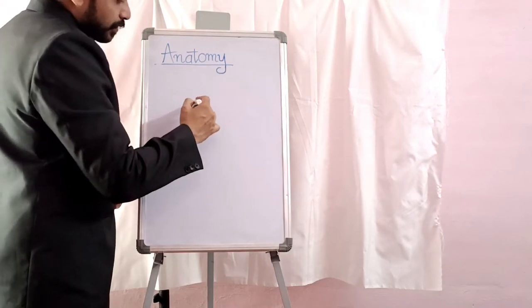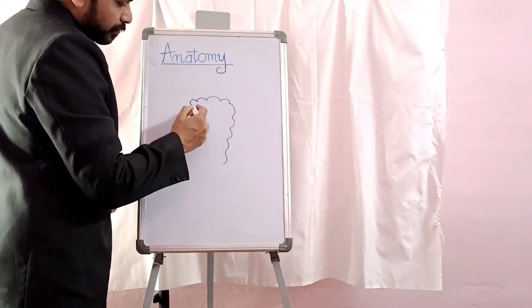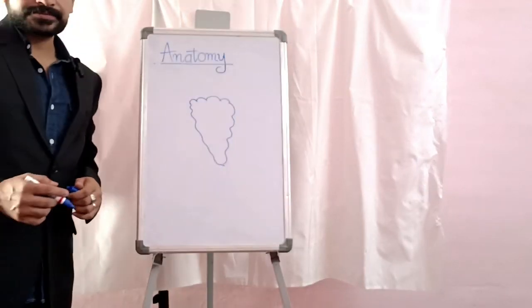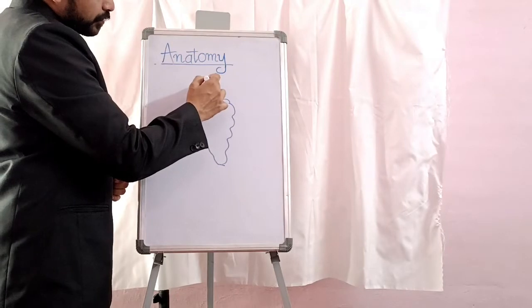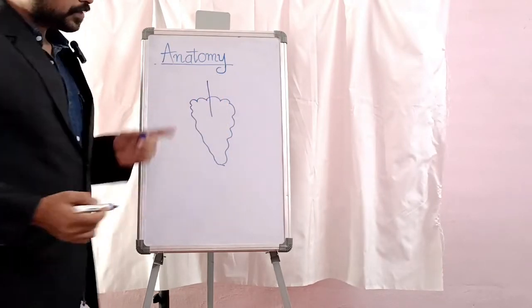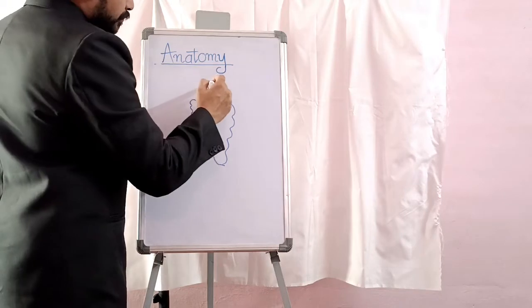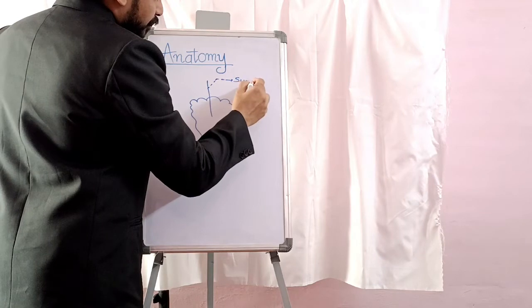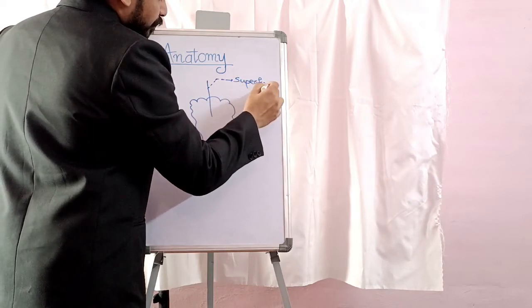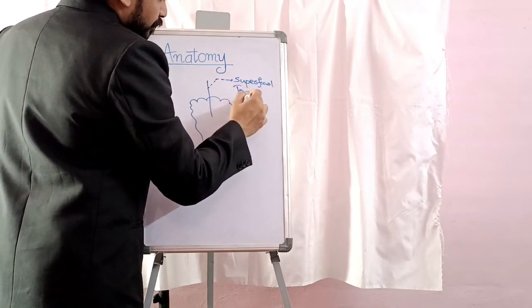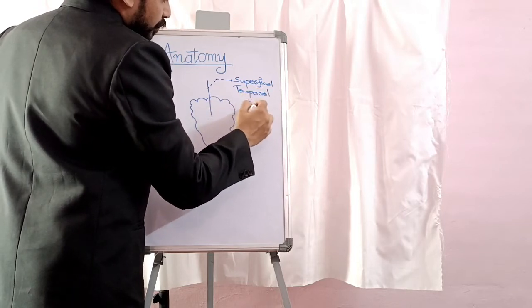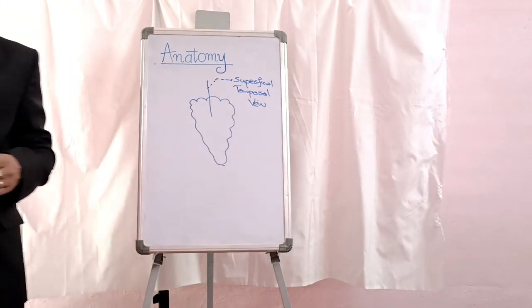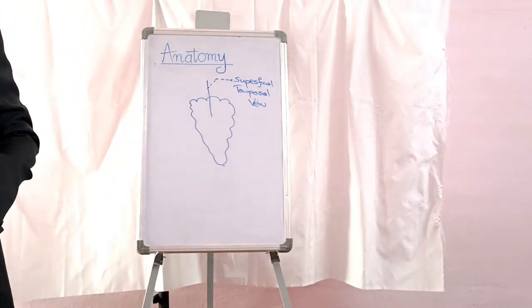See, this is our parotid gland. The superficial temporal vein is here.